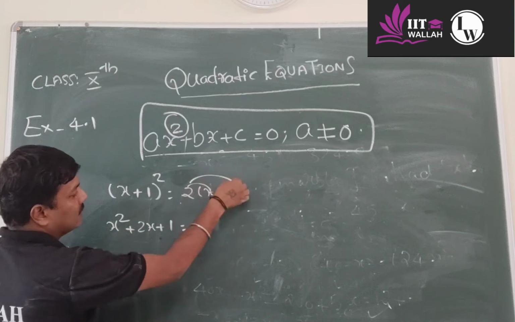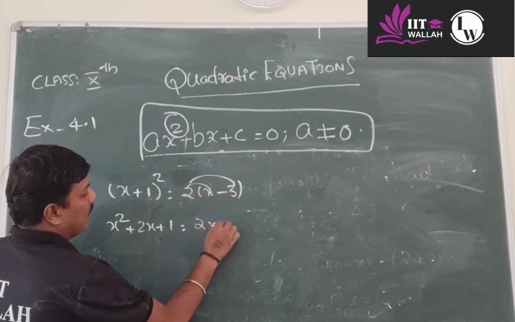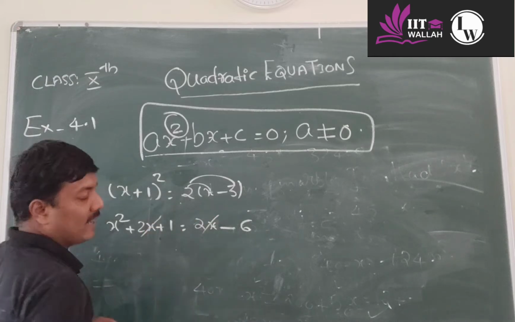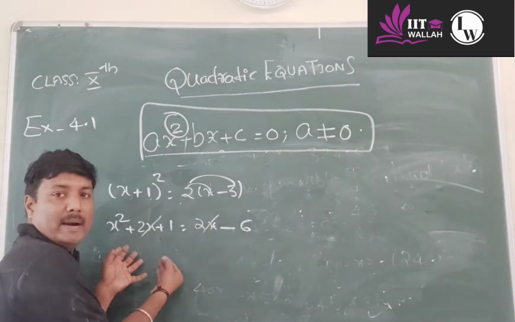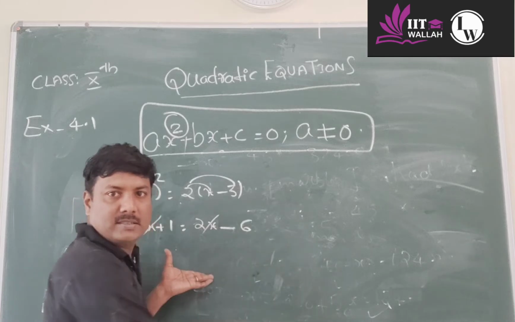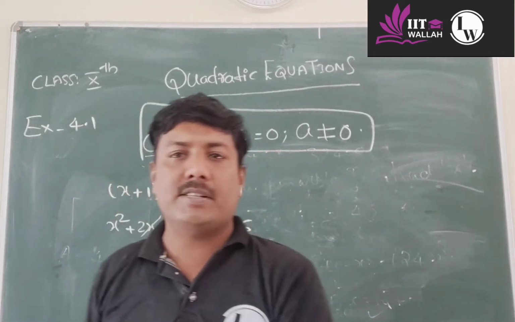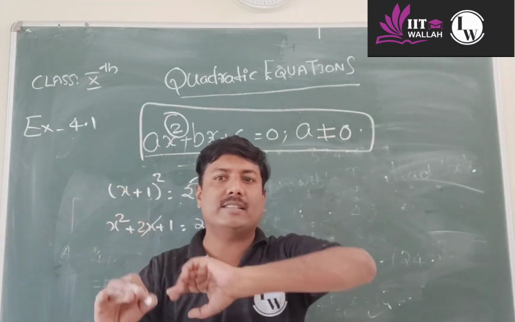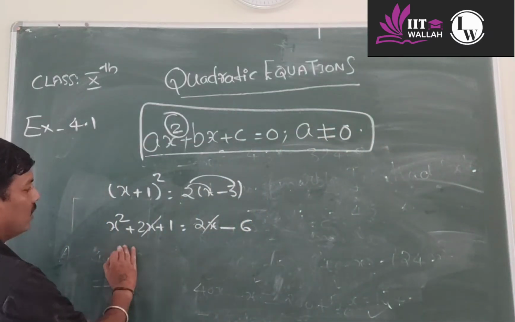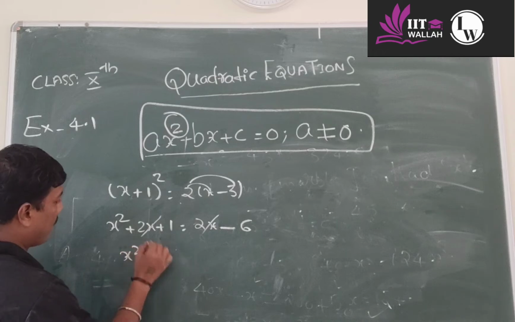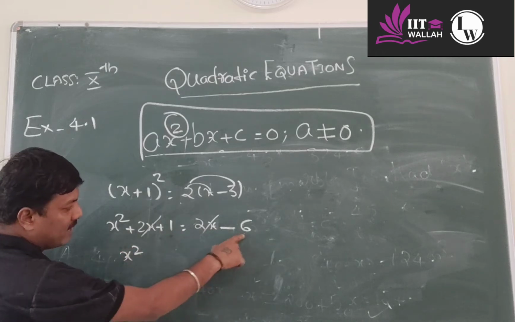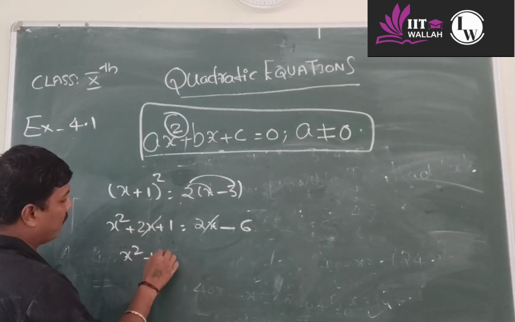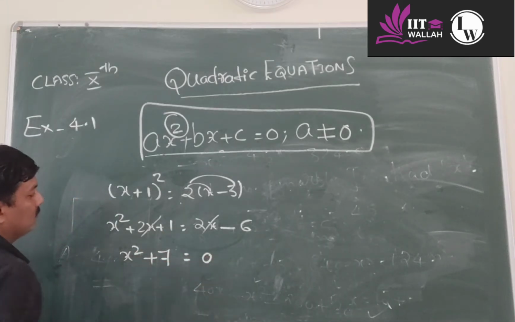If you open this, 2 into x, 2x, minus 2 into 3, 6. So 2x here, 2x here cancelled. If there is a common term in the LHS as well as in the RHS, you can just cancel it. So the remaining thing is x square plus 1, and the 6 comes here as plus 6. Plus 1 plus 6 is 7, so x square plus 7 is equal to 0.